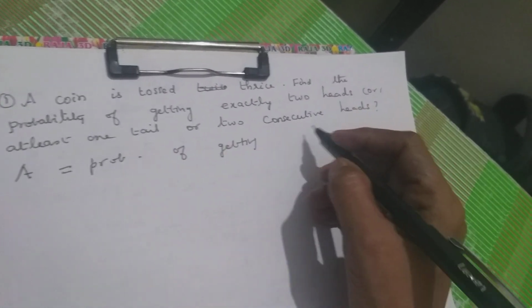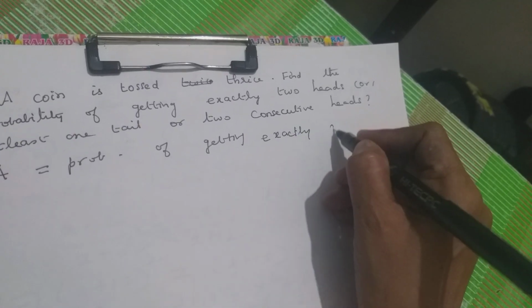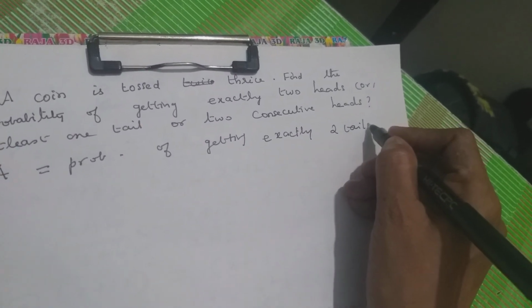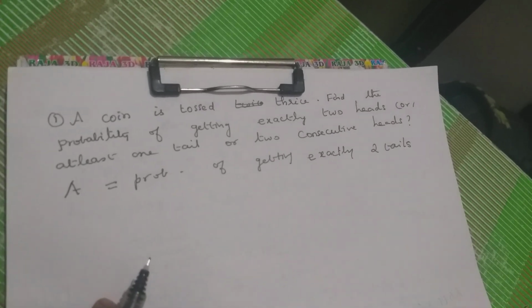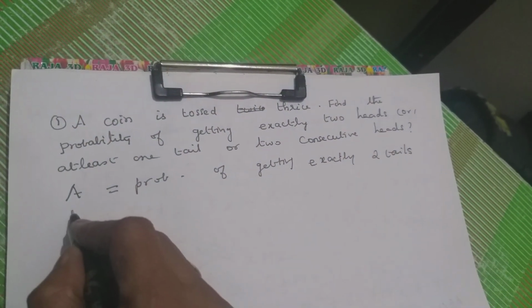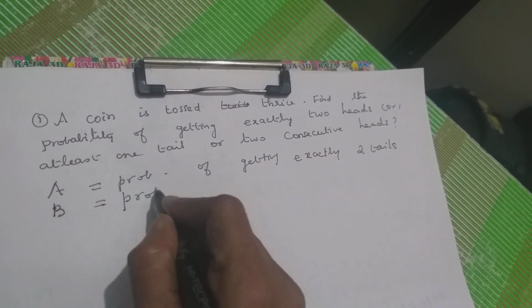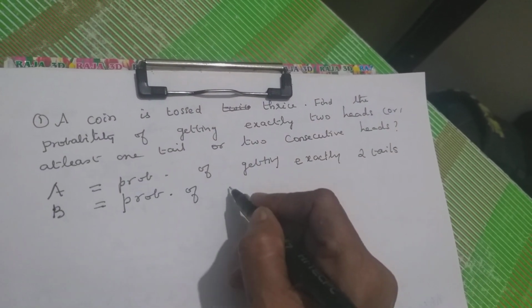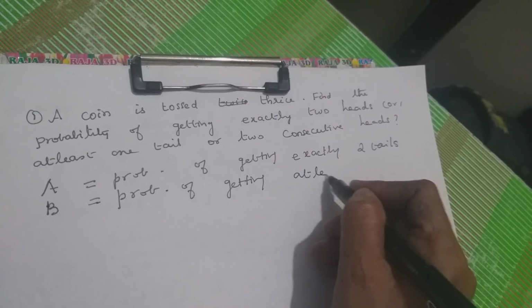getting exactly two tails. Then I am taking B equal to the probability of getting at least one tail.